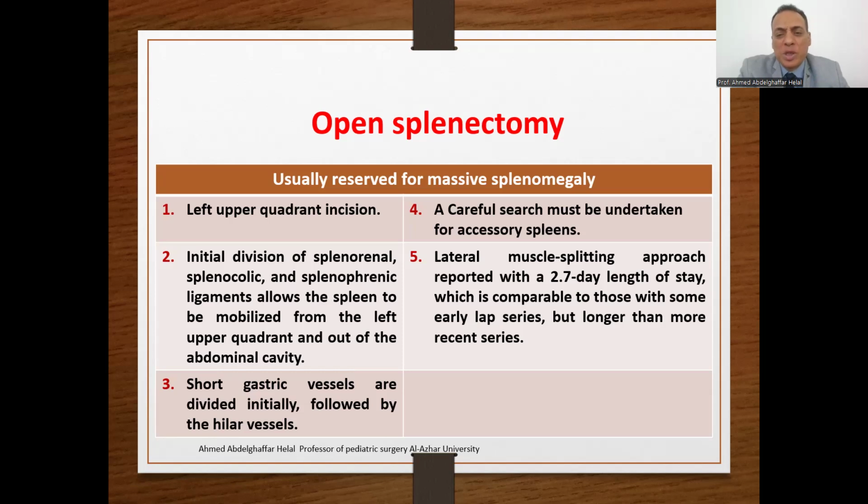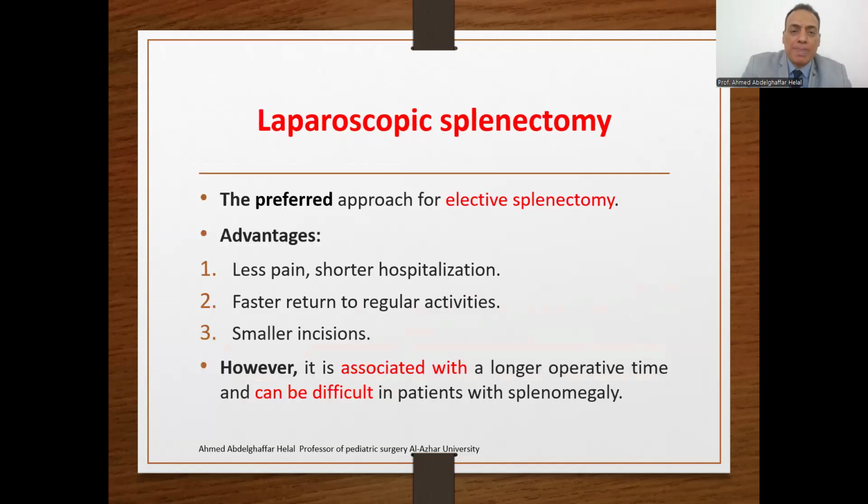Sometimes surgeons may need a muscle-splitting approach. It's reported with a 2.7 days length of stay, which is comparable to some early laparoscopic series, but longer than the recent series.